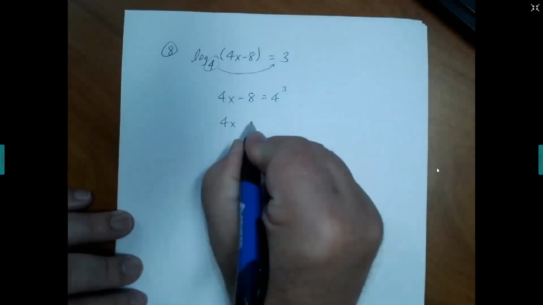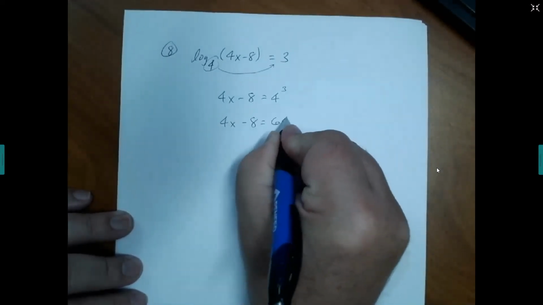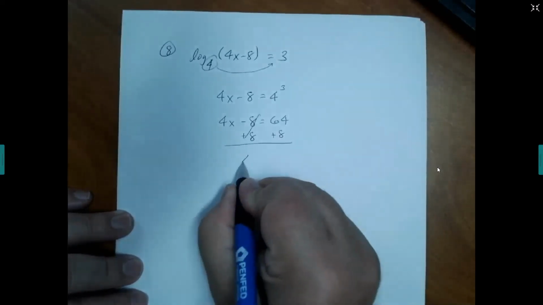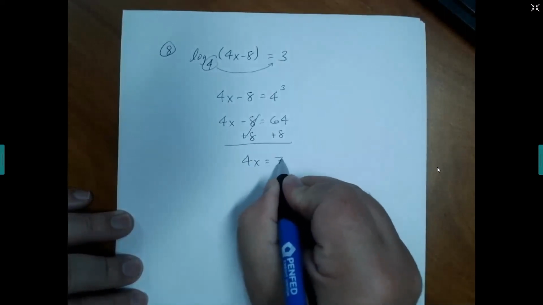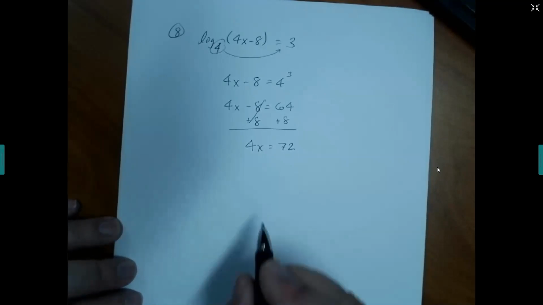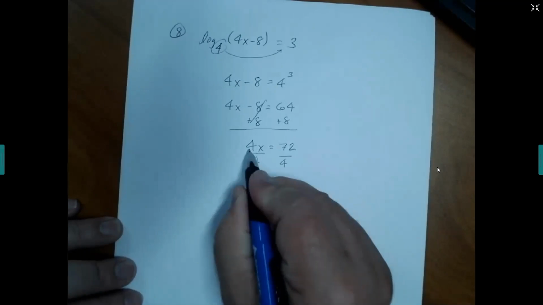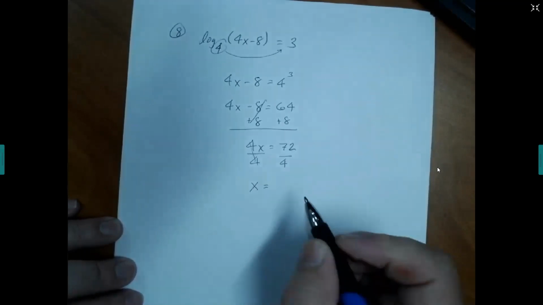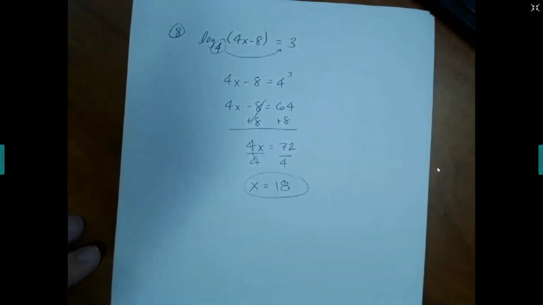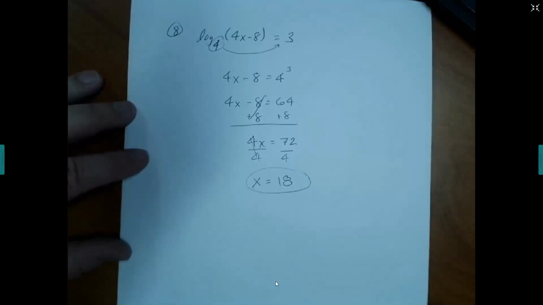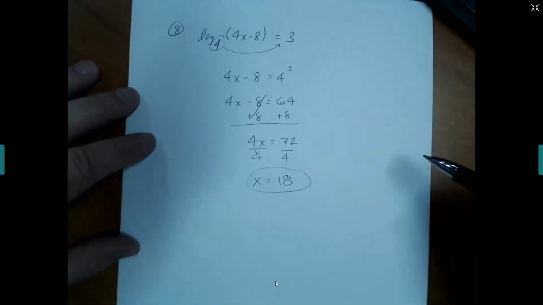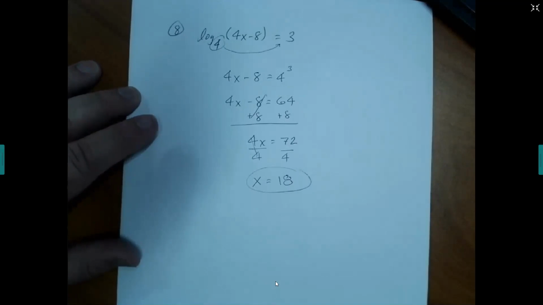Four to the third is 64, right? Add 8 to both sides, 72. Divide by 4. We're saying that x is equal to 18. Just put it into exponentials. Move the 4 across the other side, drop the log.